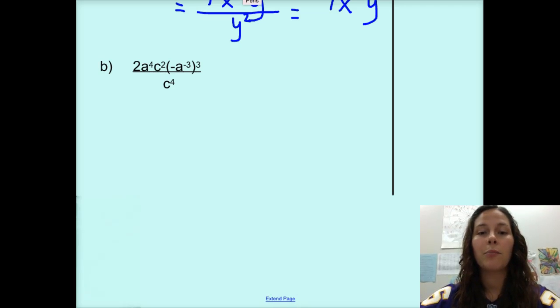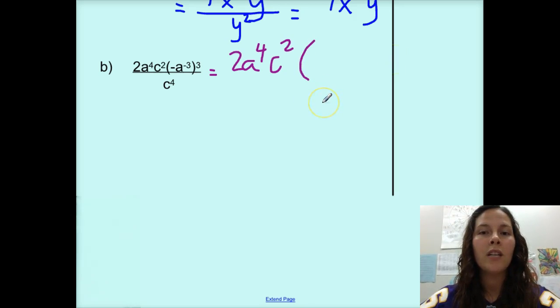Taking a look at example B, this time my negative exponent is being raised to a power, so I'm going to do my power rule before I flip that negative exponent. So I've got 2a to the 4th c squared, and then when I distribute that cube through my parentheses, I have to cube the negative 1 as well. And if you're confused because you don't see a negative 1, let me explain.